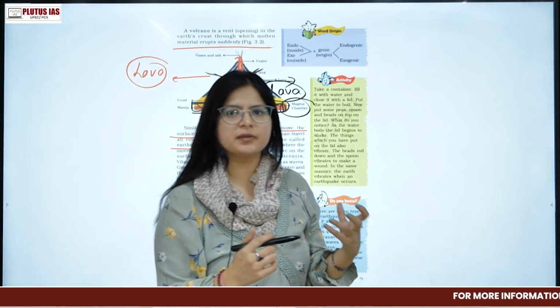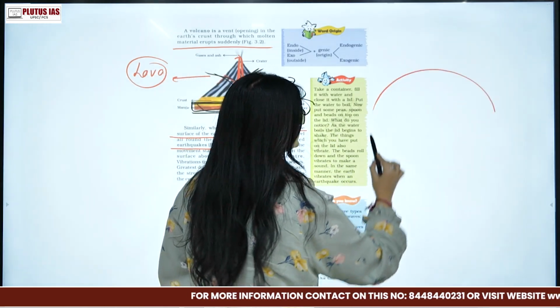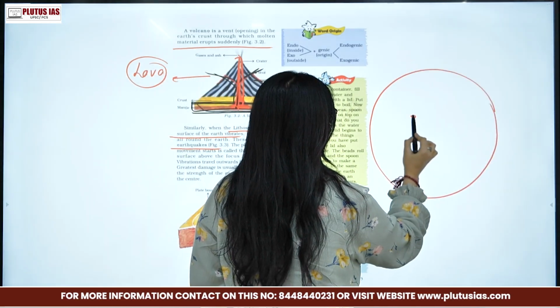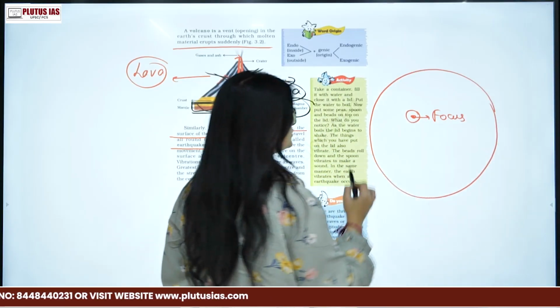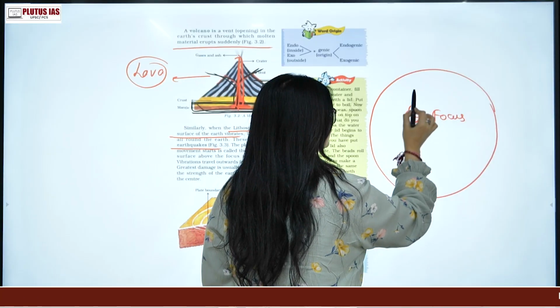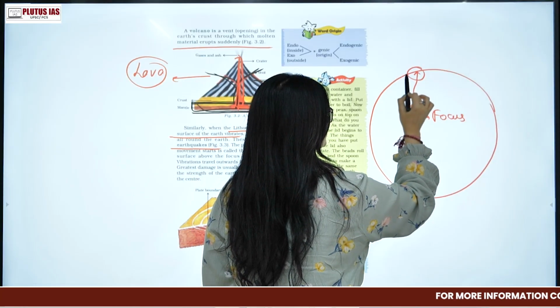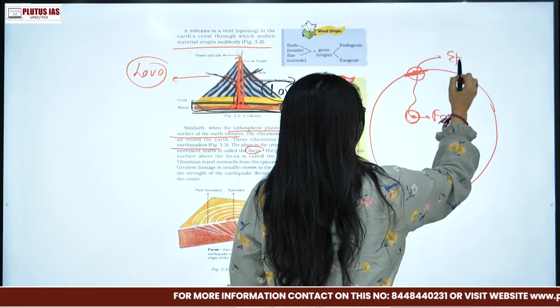This vibration is coming from a place which we call the focus. Inside the earth, we have a point from where the generation of this vibration has occurred. This point is known as the focus, and this focus brings some kind of changes on the earth's surface, right? This is known as the epicenter.